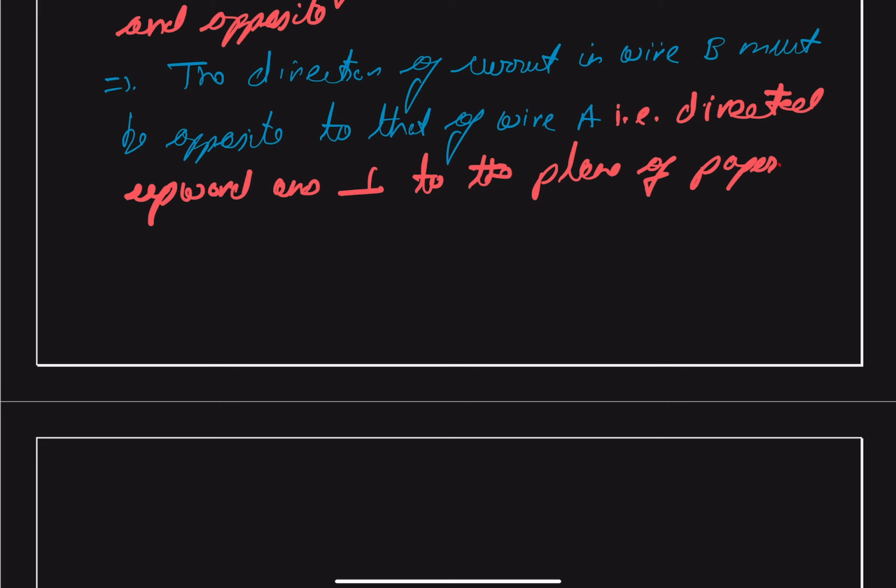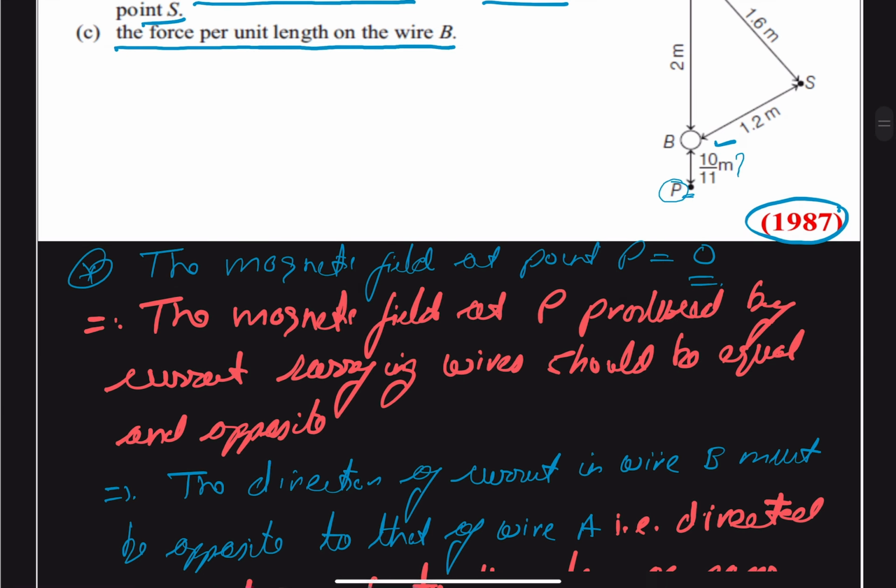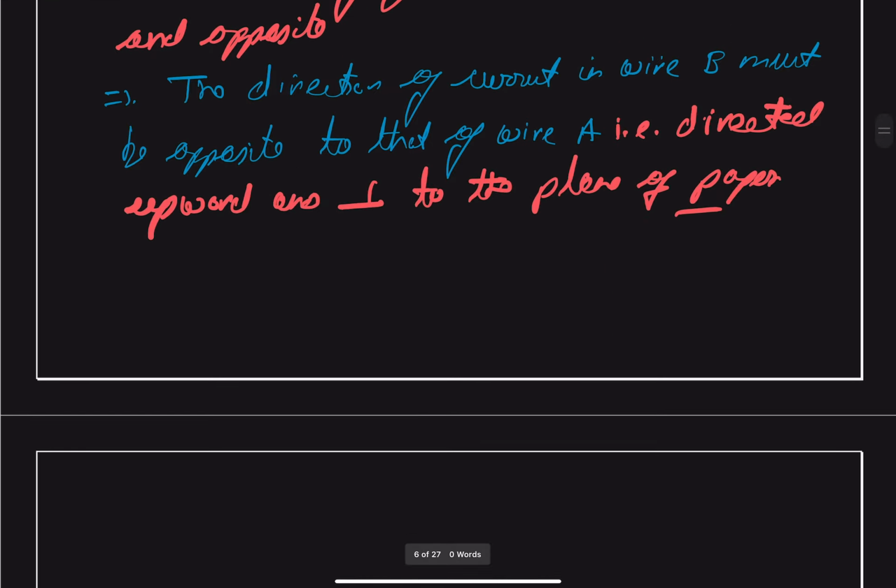So therefore, for wire B, we can draw something like a dot. So this means that the direction of the current is upward and perpendicular to the plane of paper.